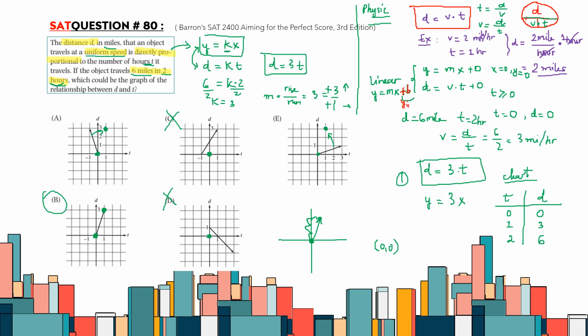This is the y-intercept. And we see the y-intercept in this case is 0, and the y-intercept is when x equals 0. So that's why 0, 0 belongs to the graph. This notation means belongs to.